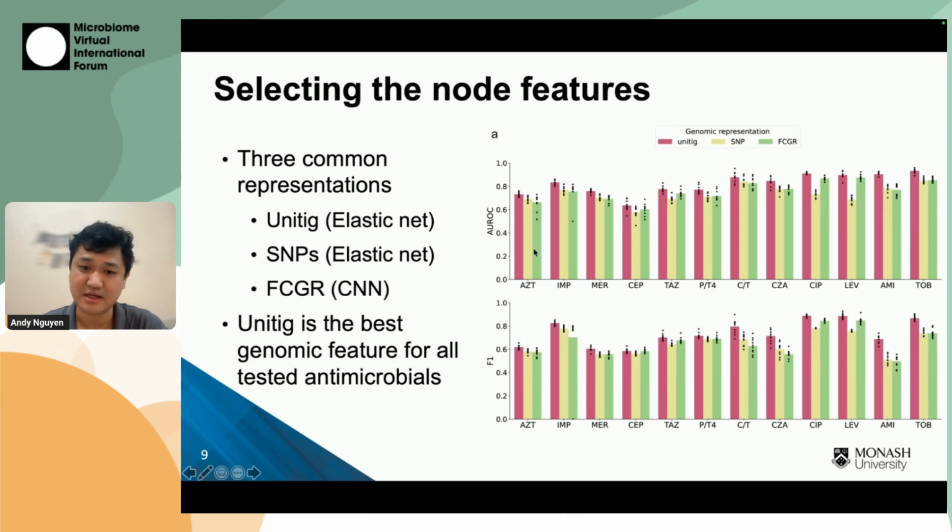And from that, you can see in terms of AUC that the unitig one is actually the best genomic feature for all of the tested data. Because of that, we chose the model trained with unitigs as the baseline model for comparing with our AMR-GNN models.